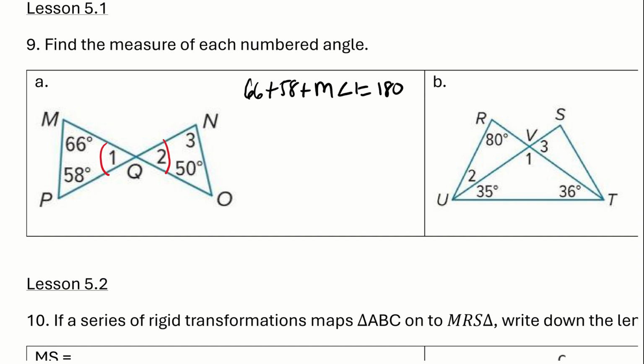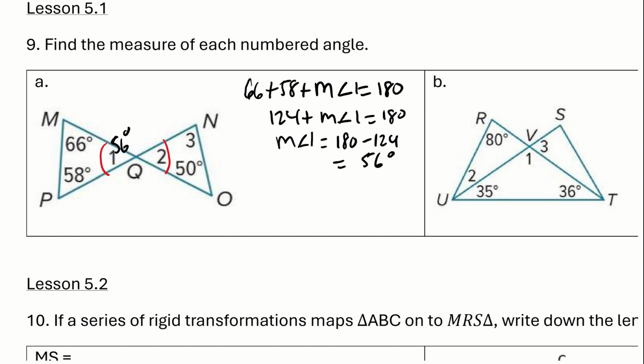And then 66 plus 58 is 124. So measure of angle 1 is 180 minus 124, which is 56 degrees. Okay, so now we know this is 56 degrees, which means that this is 56 degrees.